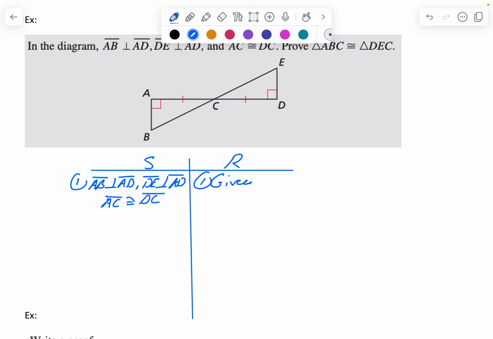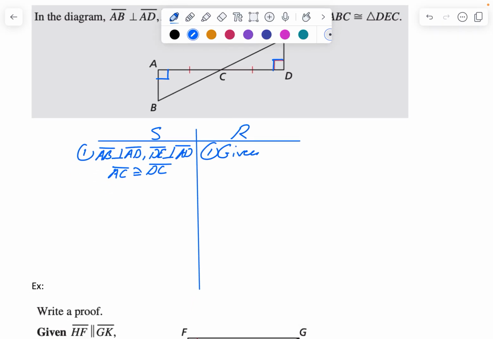Now, on the diagram, it's already marked this, right? That's how they marked those perpendicular. But we have not said that those angles are right angles yet, right? So let's use that perpendicular now, and we're going to say angle A and angle D are right angles. And the reason is perpendicular makes right angles.